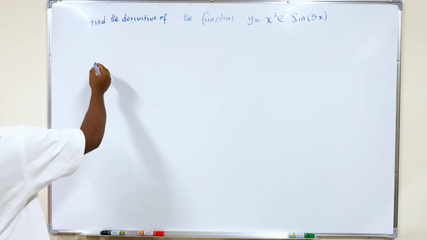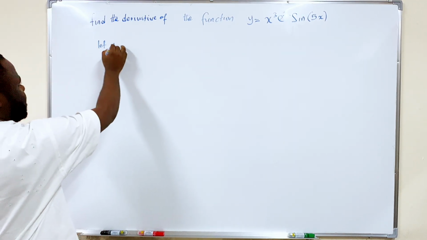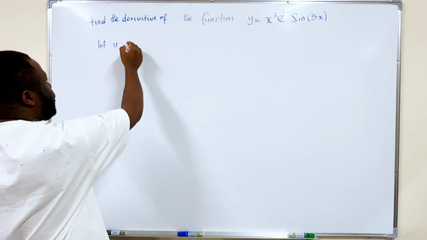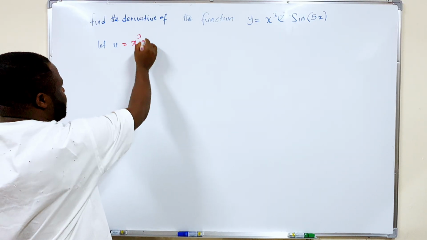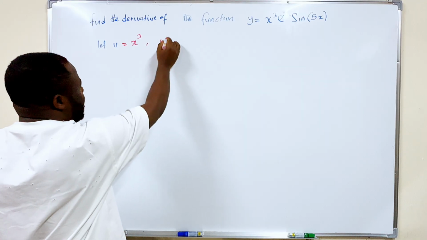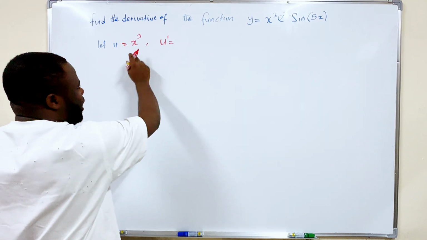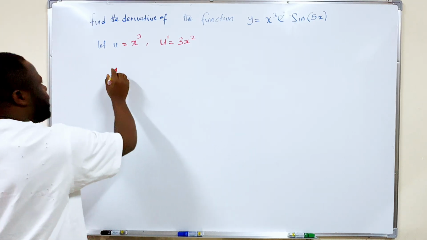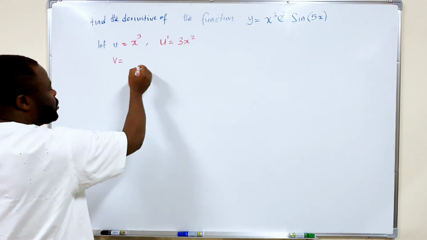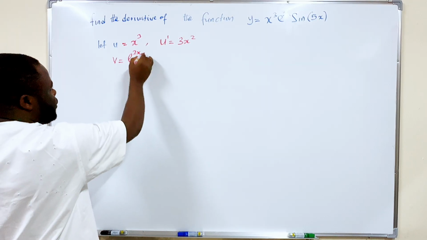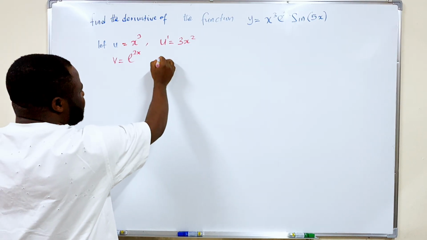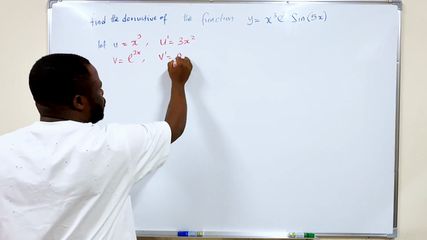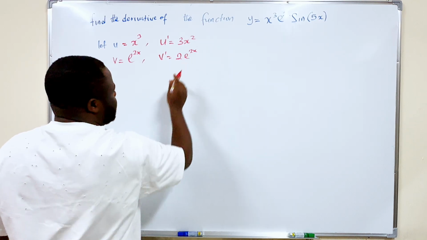So let's start. Let u be equal to x cubed. Then u prime, which is the derivative of x cubed, will be 3x squared. Now let v equal e to the power of 2x, and the derivative of this will give you 2e to the power of 2x.